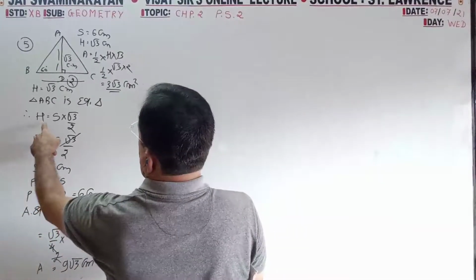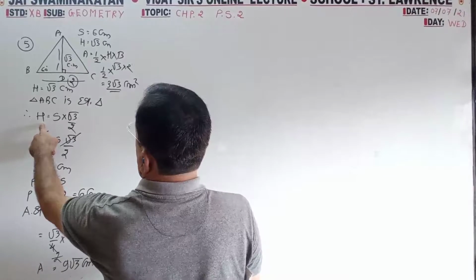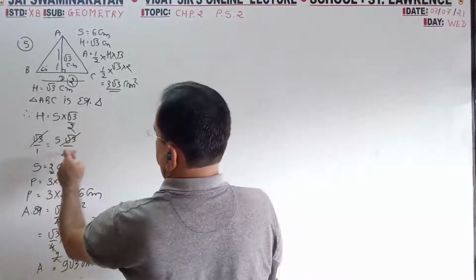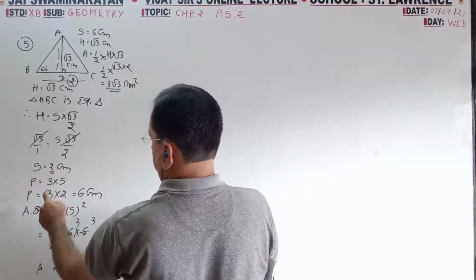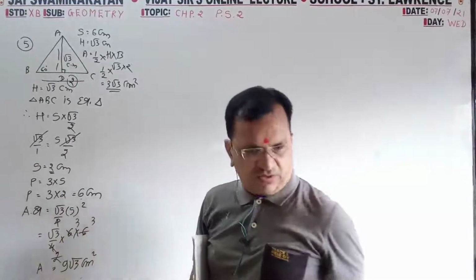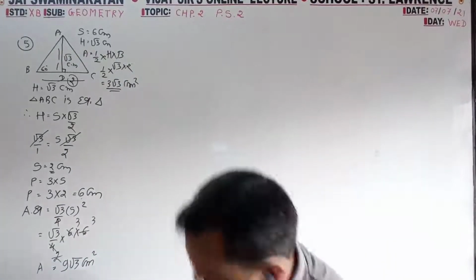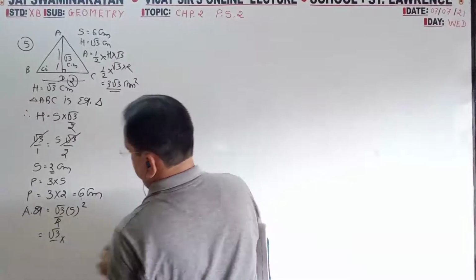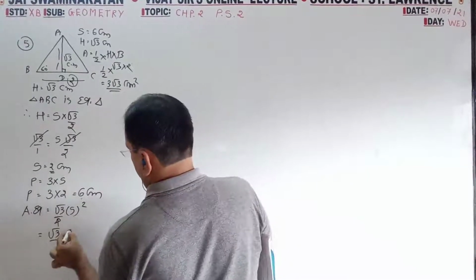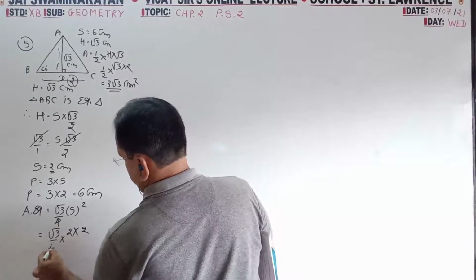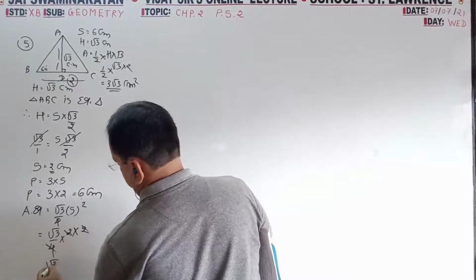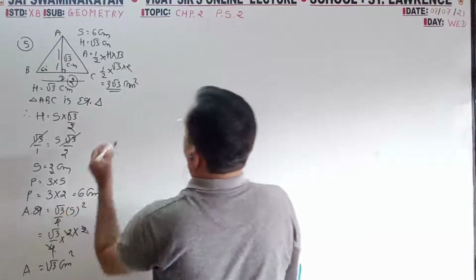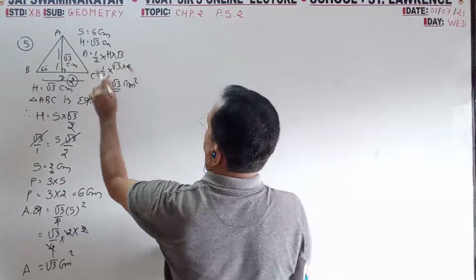Wait. Height is equal to side into root 3 by 2, that is correct, and height is given. Okay, this cancels, side is equal to 2 only. That is why it is not matching, sorry. Side is equal to 2 and this is 4, so this cuts, so only root 3 centimeter square. I had taken this. Okay, so this cancels, so root 3 centimeter square.